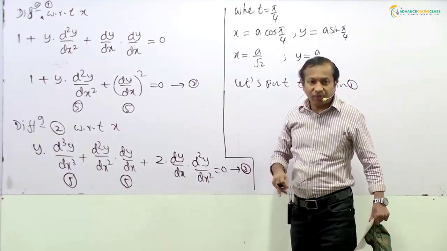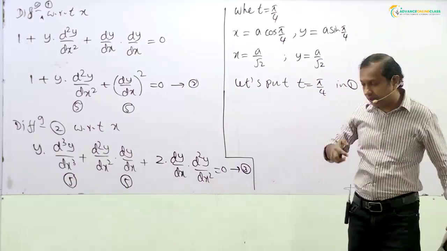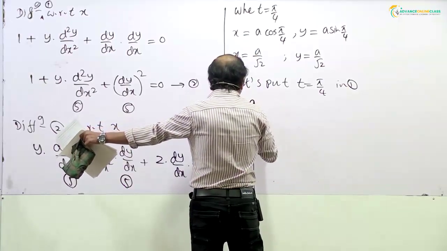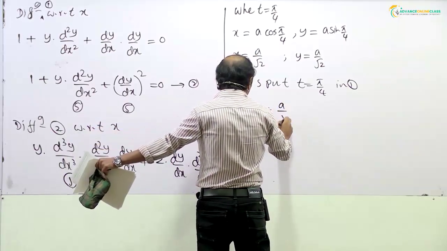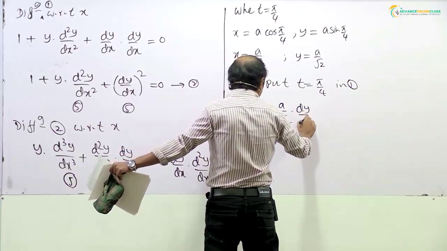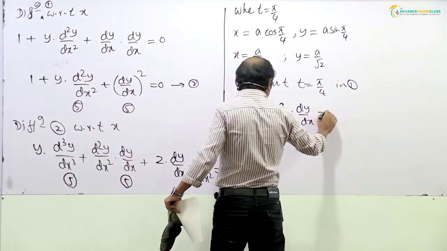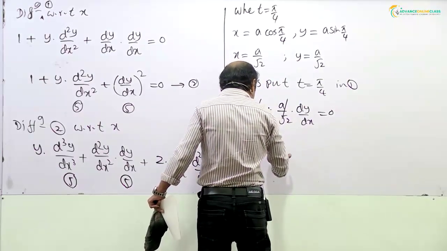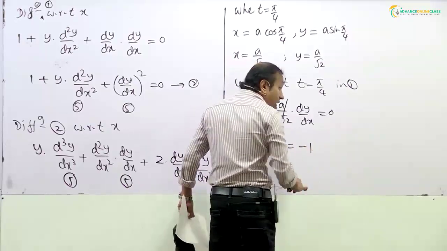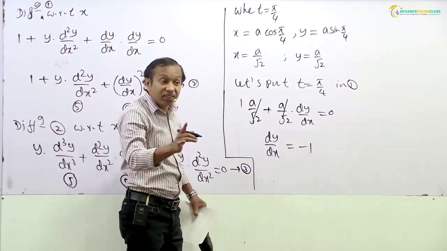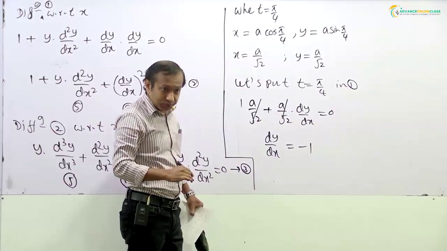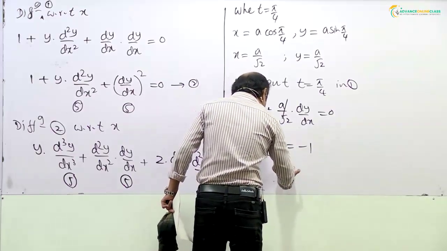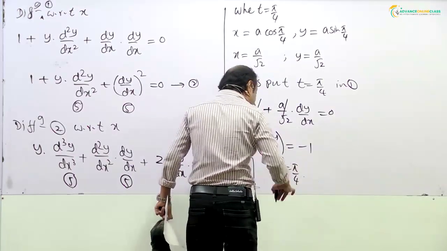Thereby we can find dy by dx by number 1. Put a over root 2 plus a over root 2 dy by dx equals 0. Correct, no? Cancel this and this. We get 1 here. Then dy by dx we get as minus 1 when t equals pi by 4. So we write it here like this.